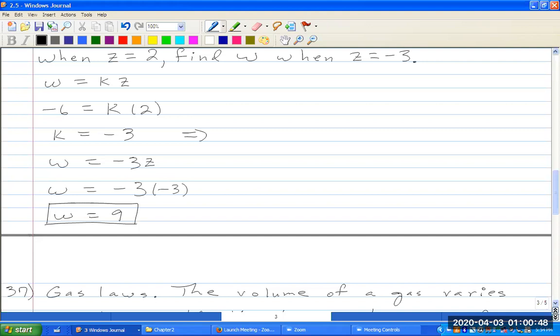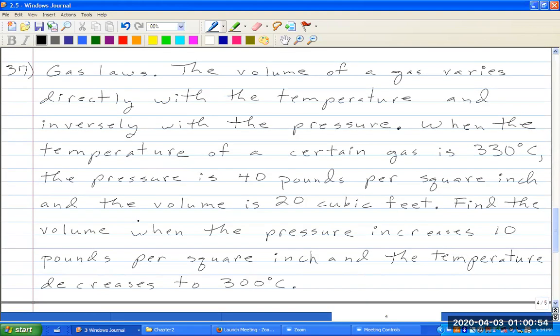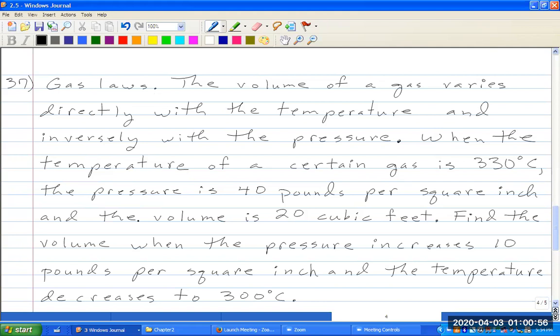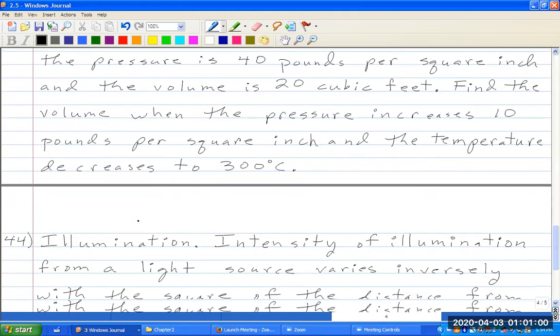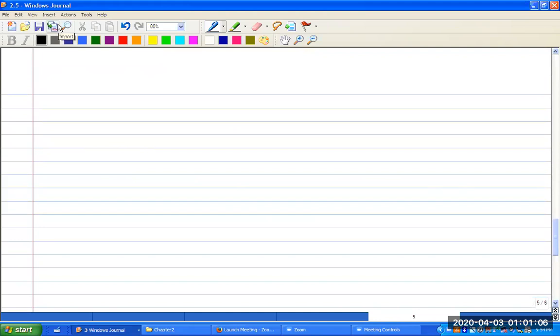Let me do problem number 37. Gas laws. The volume of a gas varies directly as the temperature. So let me write that down.